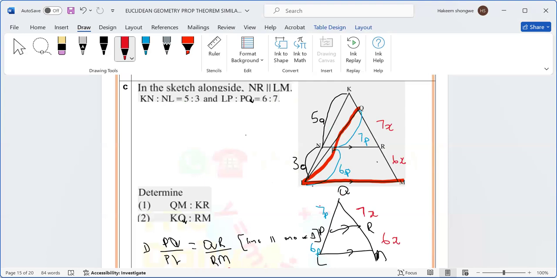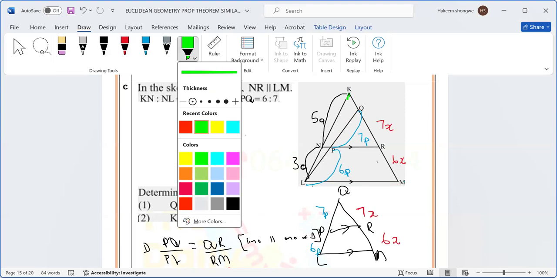Then we go back to our bigger triangle, which is KLM. Let me erase that part.